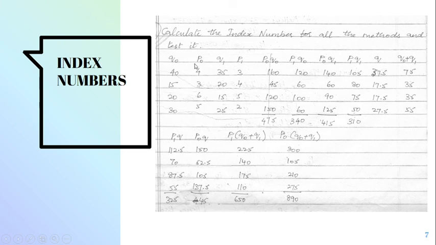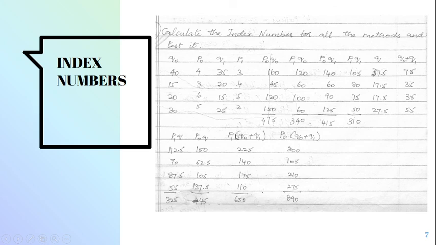Next we have P0Q. So, P0Q is nothing but P0, 4 into Q, 37.5, 3 into 17.5, 6 into 17.5, 5 into 27.5. So this is how we get this column.